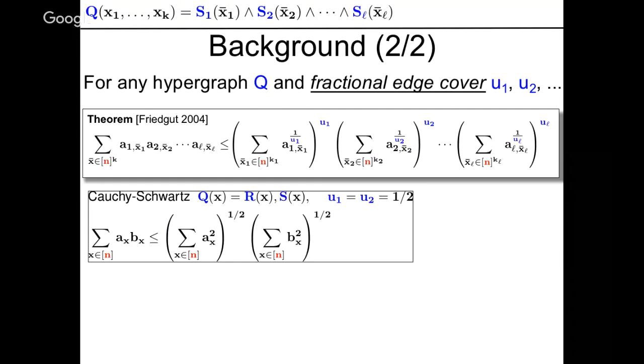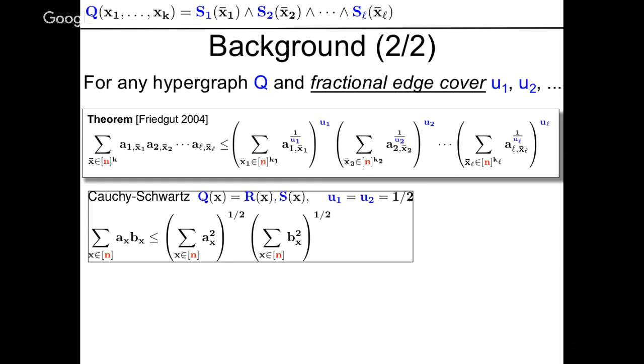A sequence associated to S is B_x. And then Friedgut's inequality becomes Cauchy-Schwarz. What does it become if we have three terms here, R_x, S_x, and T_x, and we cover them with, I don't know, 1/3, or any three numbers whose sum is greater than or equal to 1? Any hints? Then it becomes the generalized Hölder inequality.